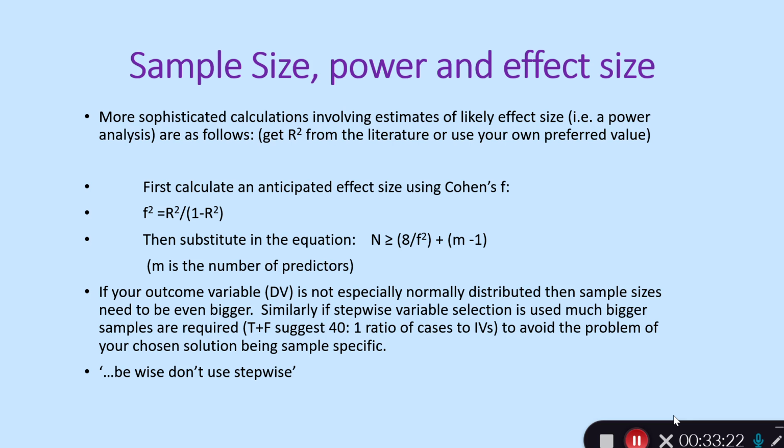Then once we've got f squared, we substitute it into the equation shown underneath, to get our sample size n, which needs to be greater than or equal to 8 divided by our answer for Cohen's f squared, and then add m minus 1, where once again m is the number of predictors. So if we had 2 independent variables, then m would be 2, so it would be 2 minus 1, or 1.